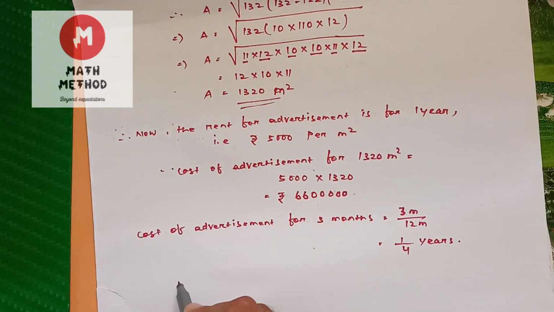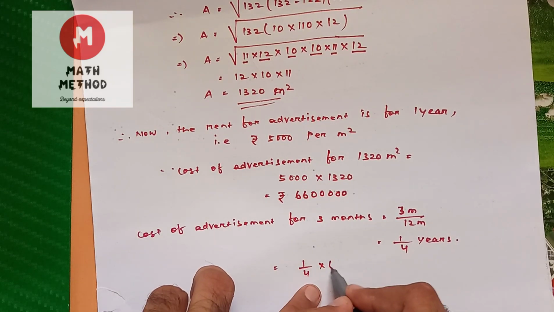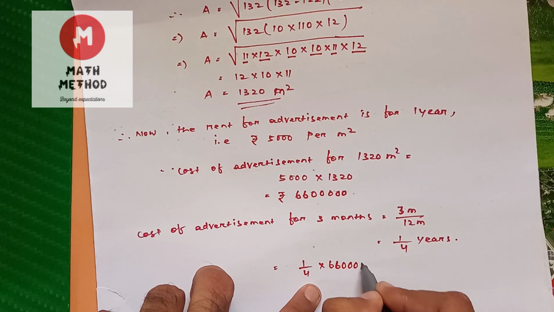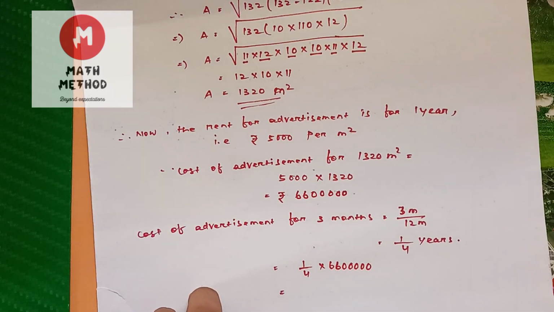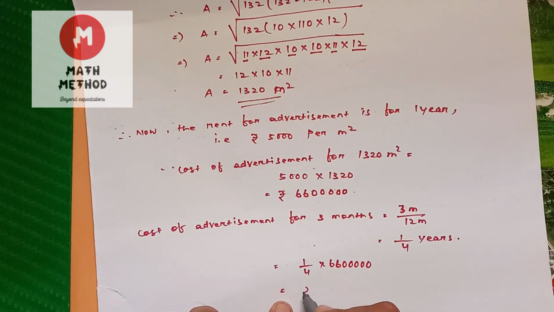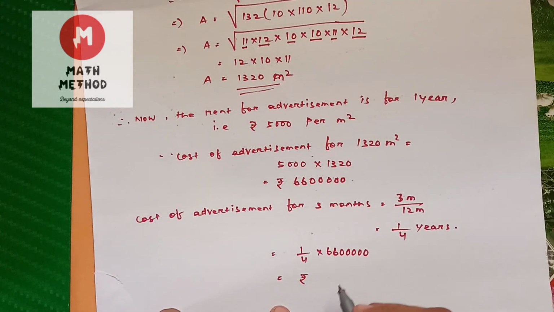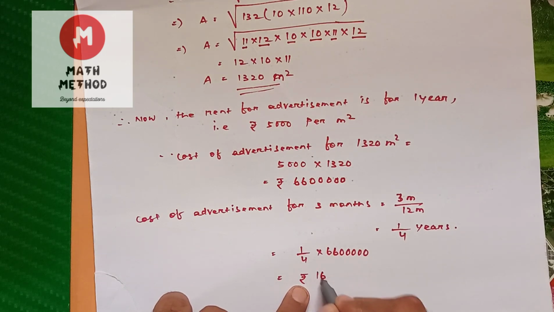Therefore it is equal to 1 by 4 into 66 lakhs, which is our answer: rupees 16 lakhs 50,000.